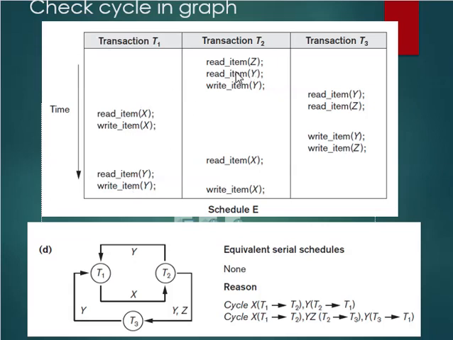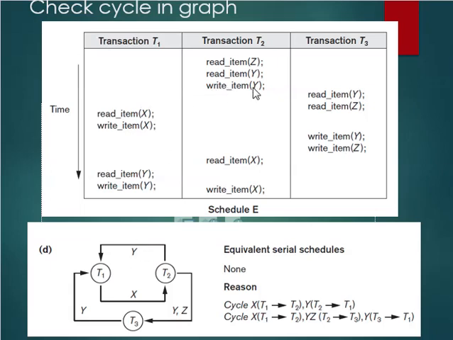So you have to make an edge from T2 to T1. Read item Y is followed by a write item Y operation in transaction T1. So you have to make an edge from transaction T2 to T1. So transaction T2 to T1, there is an edge with the letter Y.